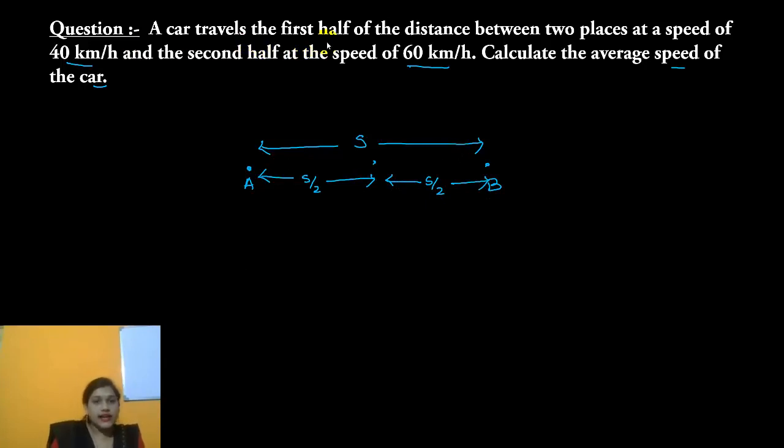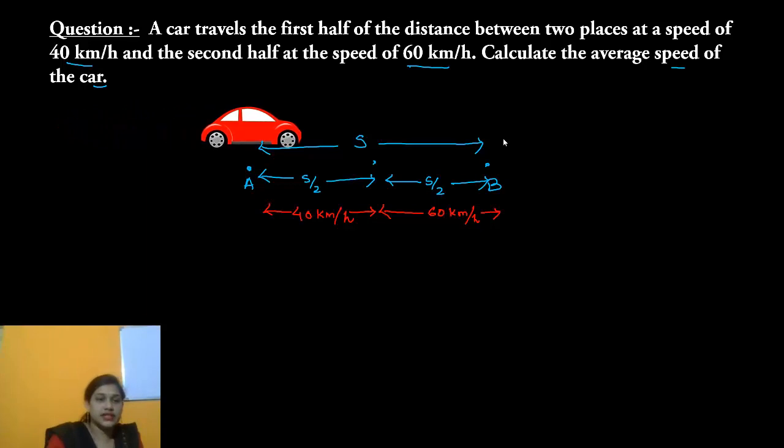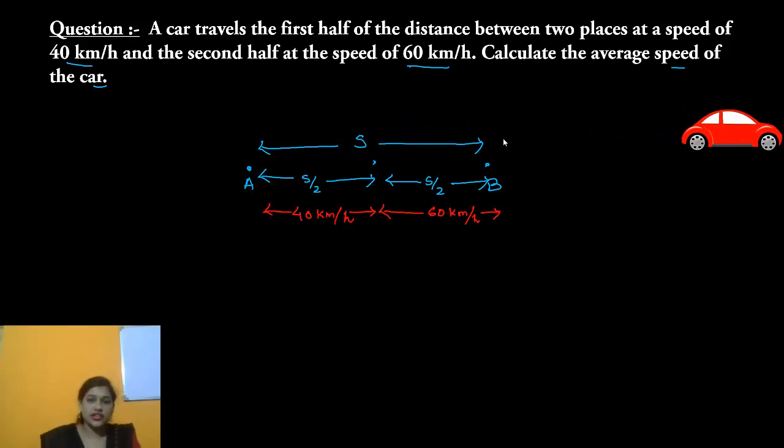The car travels the first half of the distance at a speed of 40 km per hour, from this point to this point, and from this point to this point at 60 km per hour. Then we have to calculate the average speed. The first half is 40, then its speed increases, and the other half is 60 km per hour.